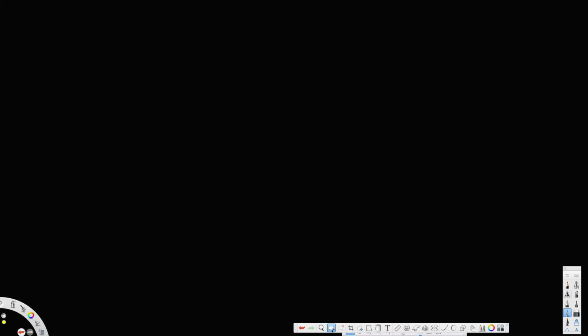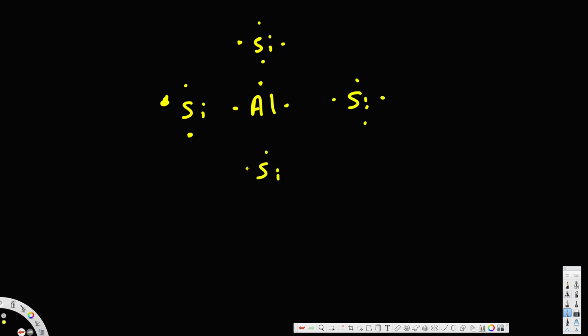Okay, let's put aluminium here. Aluminium has 3 valence electrons, and I'm going to put silicon around it. Silicon here, and here also silicon.